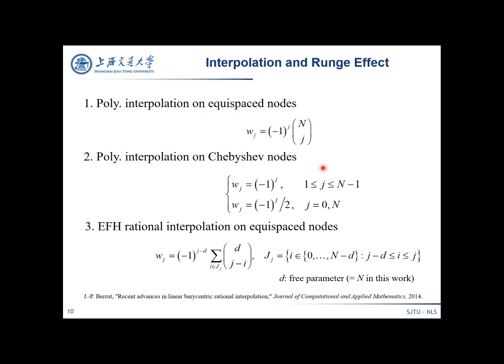The second one is also polynomial interpolation, but on Chebyshev nodes. The last one is the so-called FH rational interpolation on equispaced nodes. Notably, the FH rational interpolation was a significant advance in the numerical analysis field in the last decade.